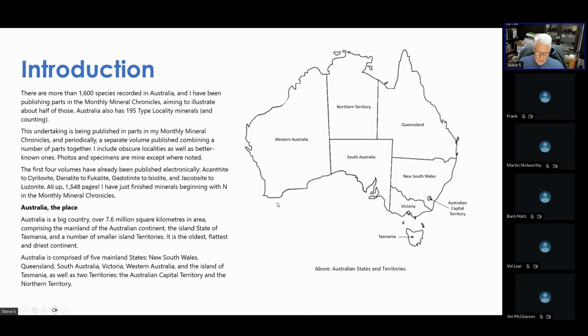And I decided a number of years ago that it would be good to have some sort of publication that looked at the whole of the country and the minerals that occur here. And each month, I put out a small segment going through alphabetically. We're already just about to kick into minerals beginning with the letter O. So it's been going for a few years.